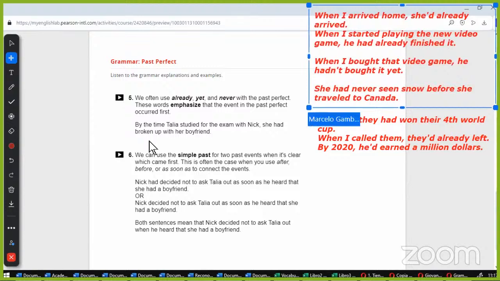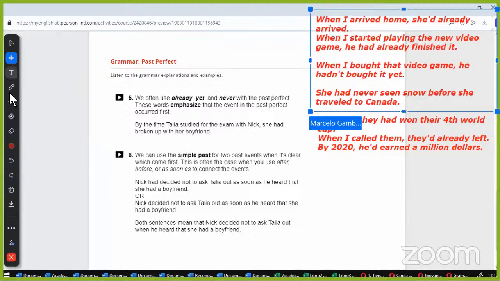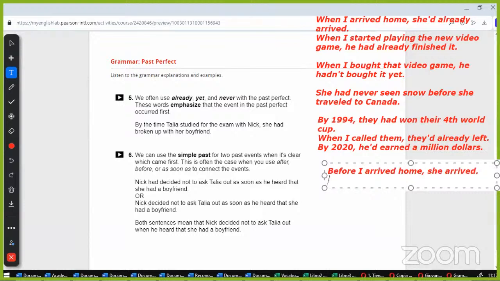And when the order of the event is clear, you can use simple past for the two events. Okay? With after, before, or as soon as. Like, before I arrived home, she arrived. You could say that, although I don't recommend this. This is more informal.